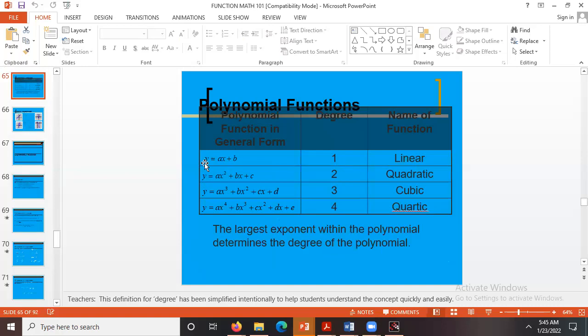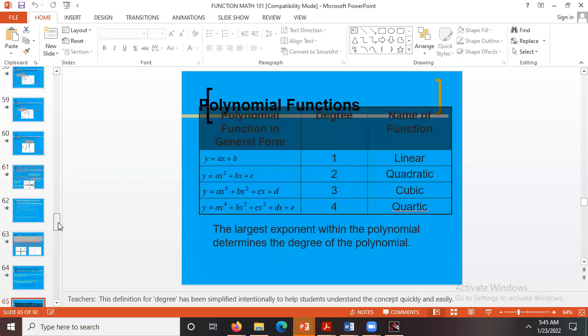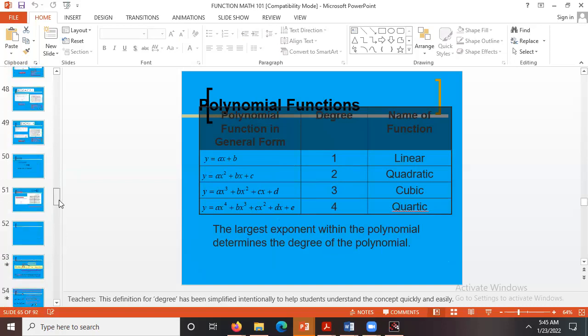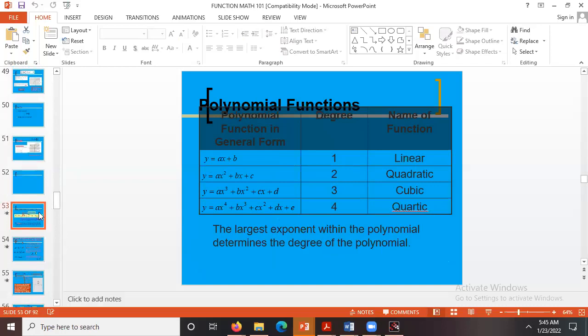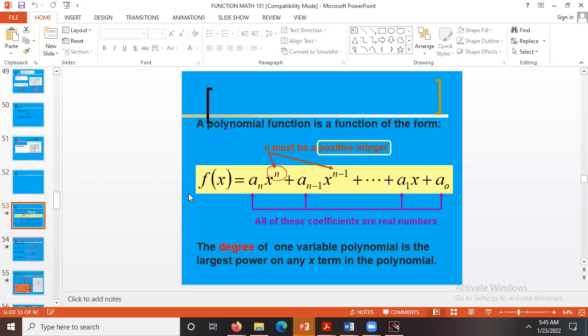So when you have a polynomial with degree of 1, first of all, let's look at the general polynomial. This is the general polynomial function: f of x is equal to a_n x raised to the power n plus a_(n-1) x raised to the power n minus 1, plus dot dot dot, plus your constant.